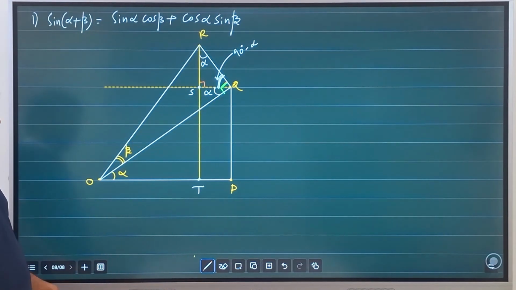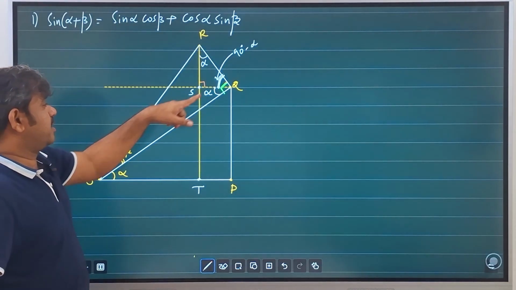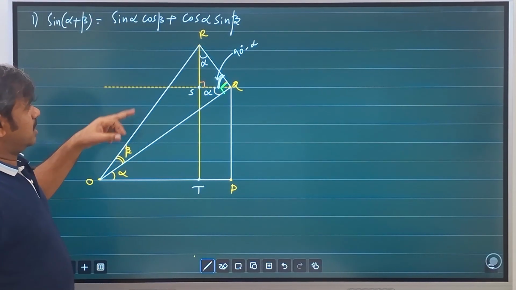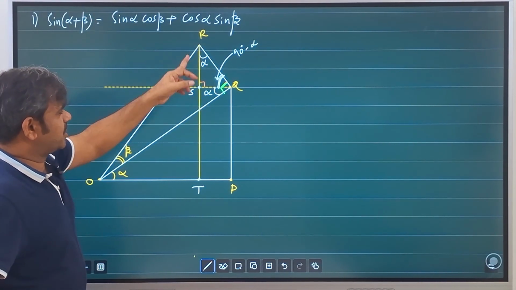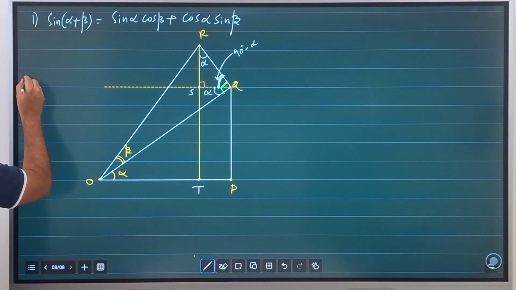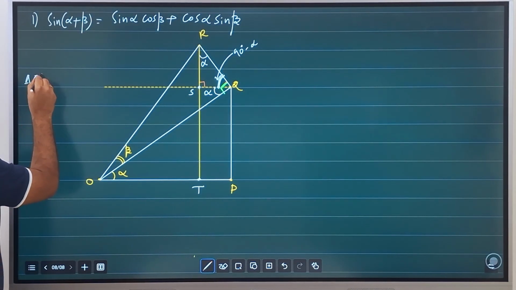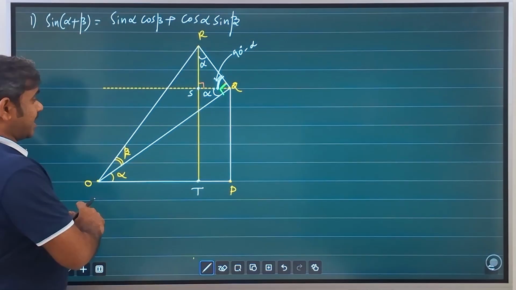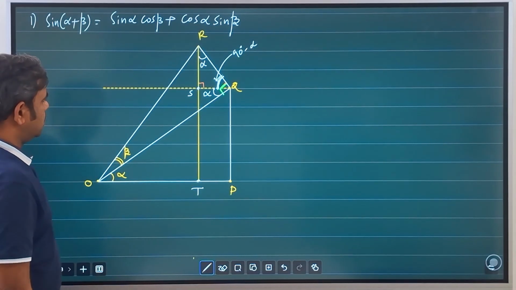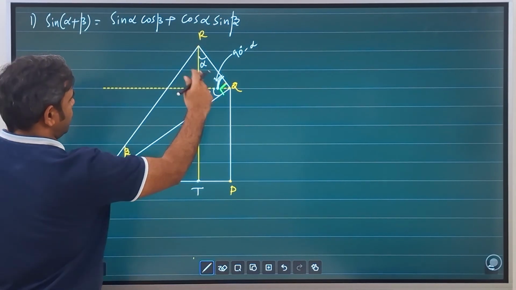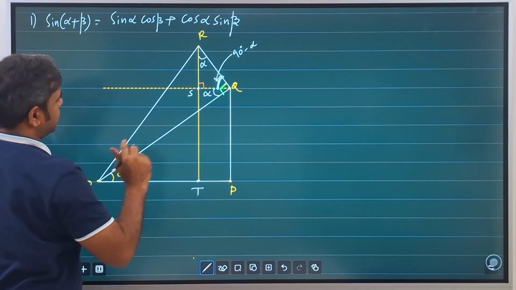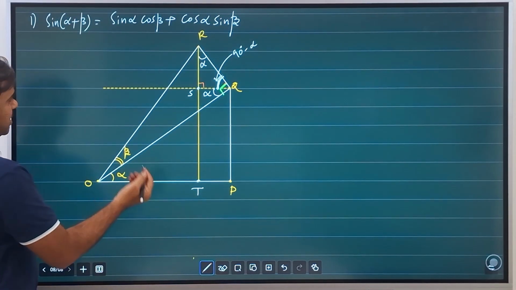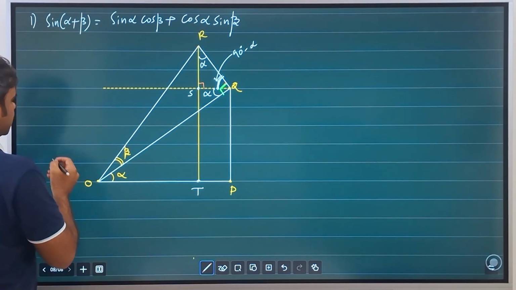The second right-angled triangle is OQR. The third right-angled triangle is QSR. So triangle OPQ, triangle OQR and triangle QSR are the right-angled triangles that we are going to make use of.